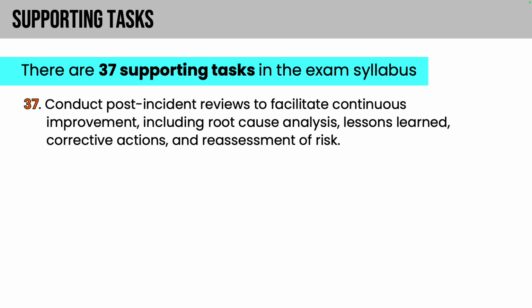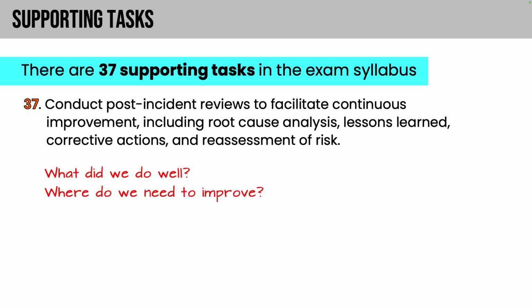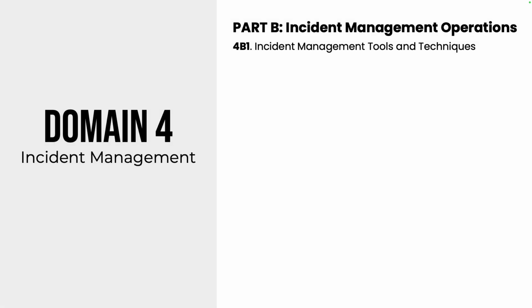Conduct post-incident reviews to facilitate continuous improvement, including root cause analysis, lessons learned, corrective actions, and reassessment of risk. So determining what we did well, where do we need to improve, and how will we change our response in the future.